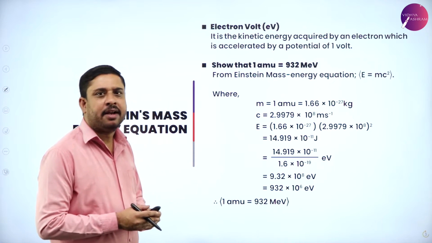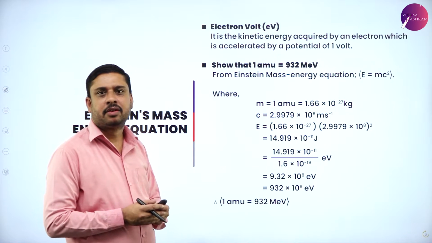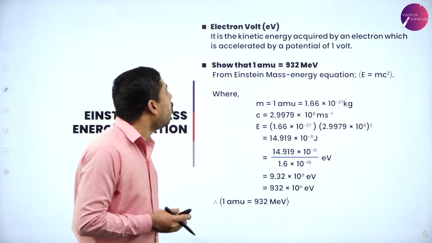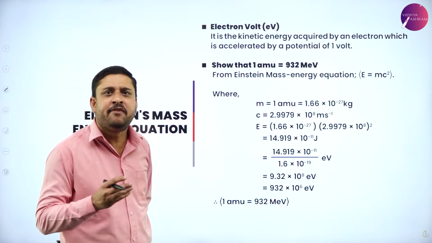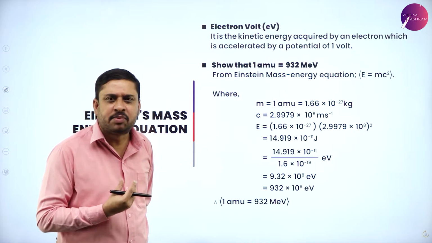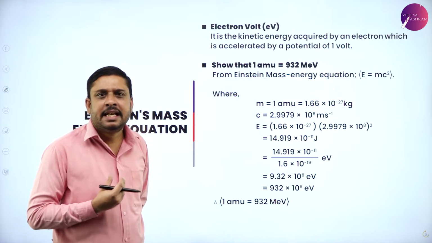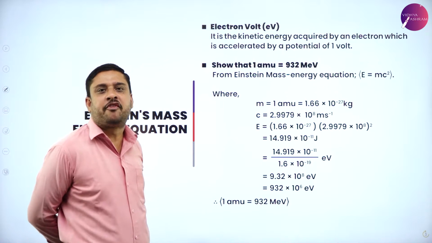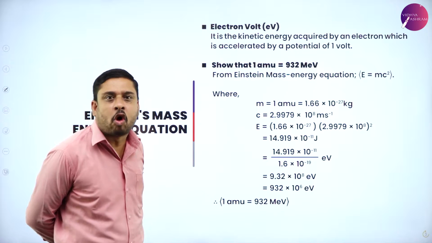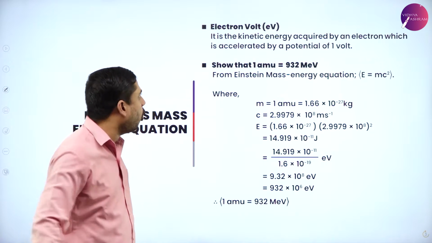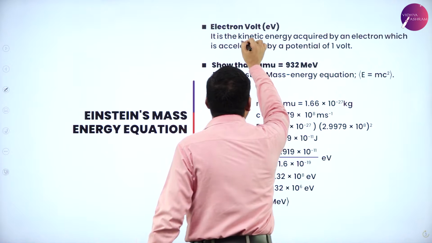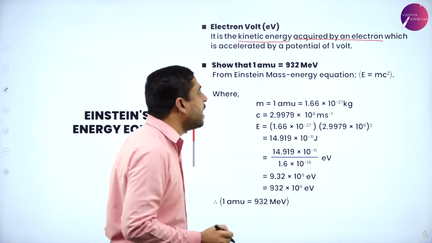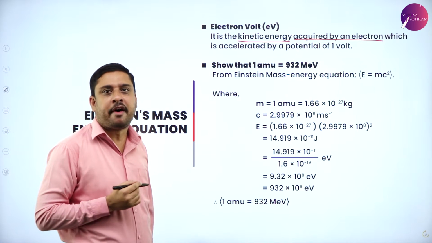Now, we go on to the definition of something called electron volt, eV. Many a times we have used this definition in the calculation of energy. We told it is the kinetic energy acquired by an electron.